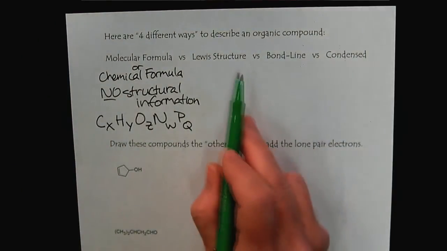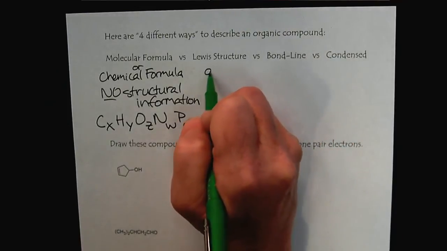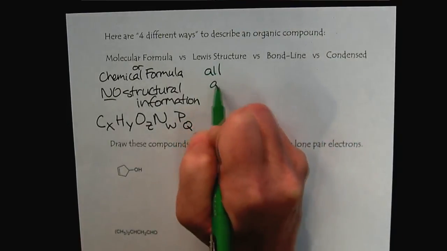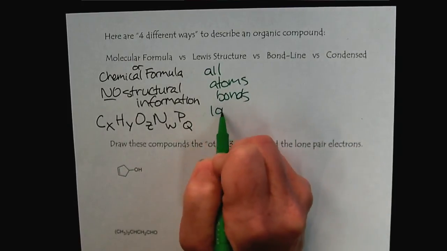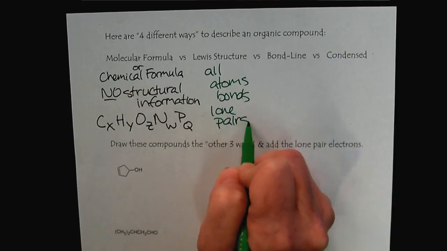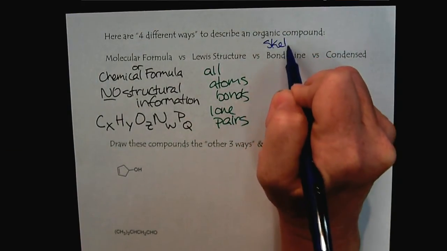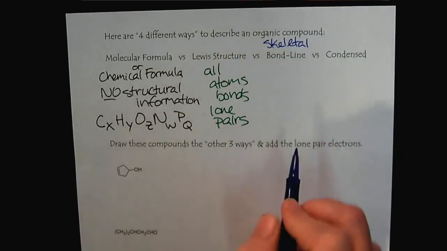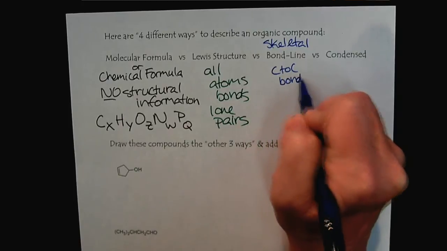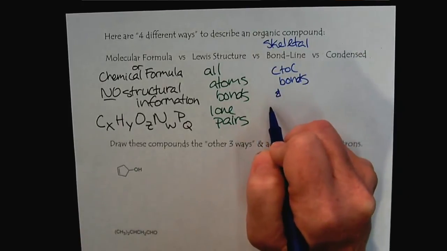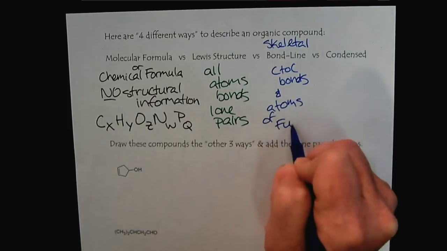Now, this is where we focused in this video tutorial. The Lewis structure, or expanded, shows everything: all atoms, bonds, and lone pairs. The bond line, or skeletal-line structure, remember, only shows carbon-to-carbon bonds and the atoms of the functional groups.